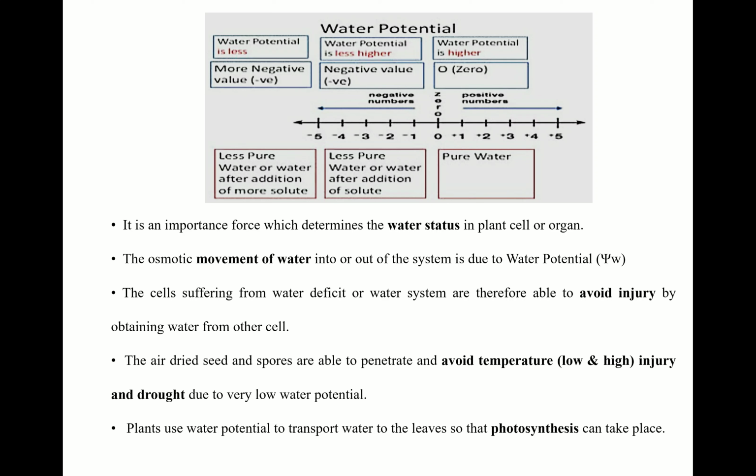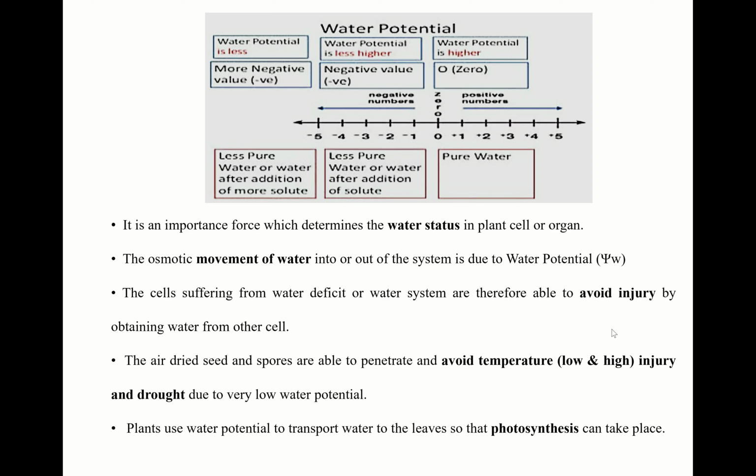If you dry the seeds and spores and keep them aside, and they have low water potential, then they can avoid the injury caused by low and high temperature, and also drought conditions.